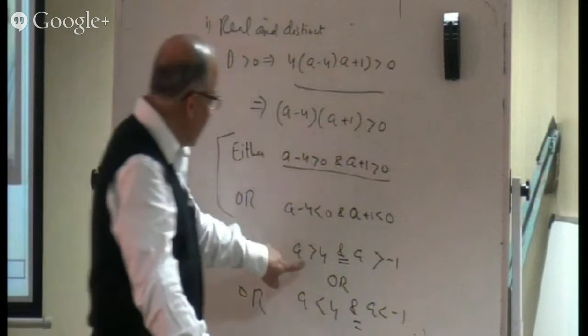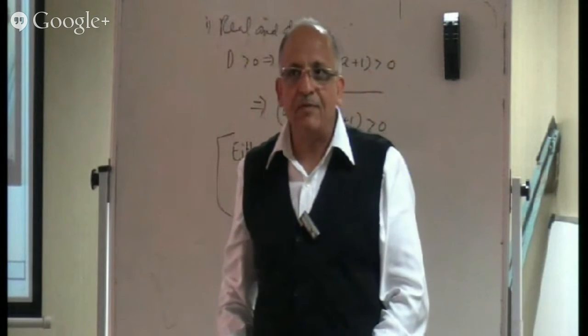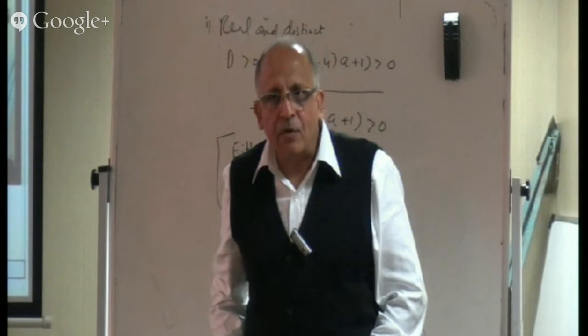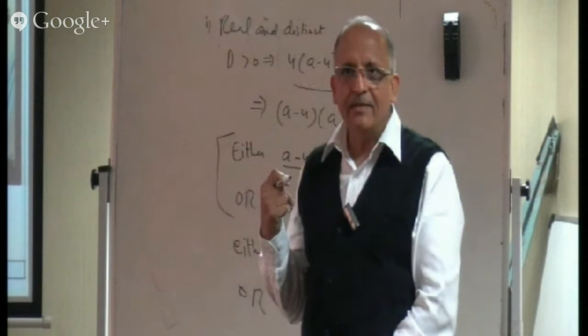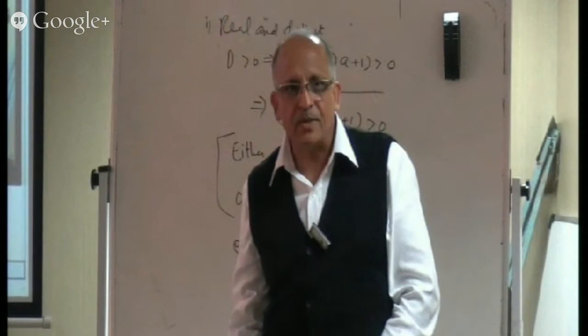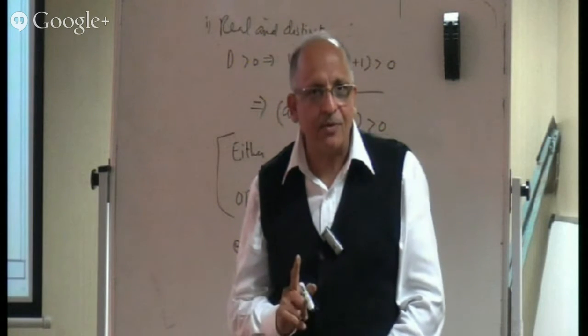So when will this be true? A greater than 4 and a greater than minus 1. That means when both of them are true. So when a is greater than 4, the other one is automatically satisfied. If a is greater than 4, a is automatically greater than minus 1. But if you take a greater than minus 1, it may not be greater than 4.